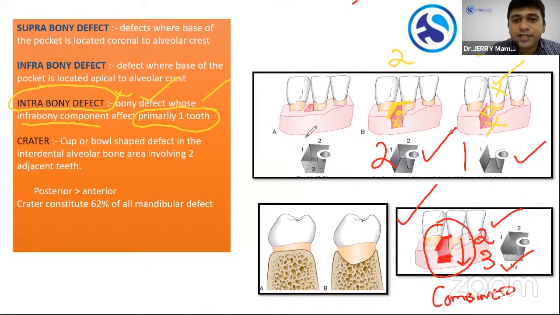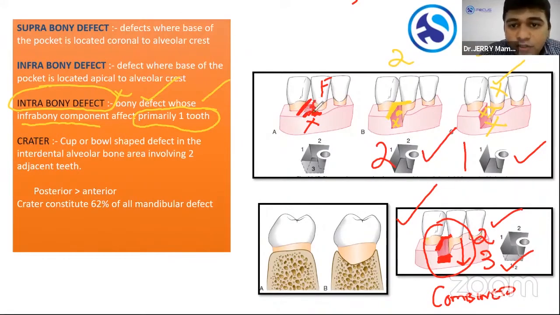See, the facial wall is intact here. This is the facial wall, the one facing towards us. This is the facial end of the tooth, and the opposite is the lingual. The wall on the facial end is called the facial wall. Now this wall, which is present, is away from the root. This is the root end. It is away from the root, so it is called the distal wall.